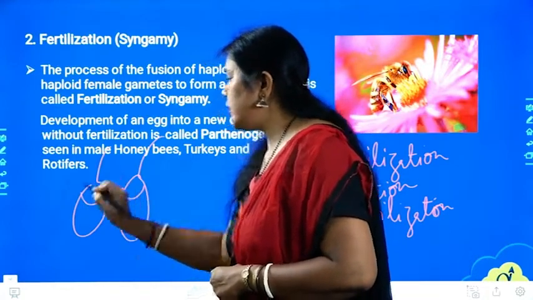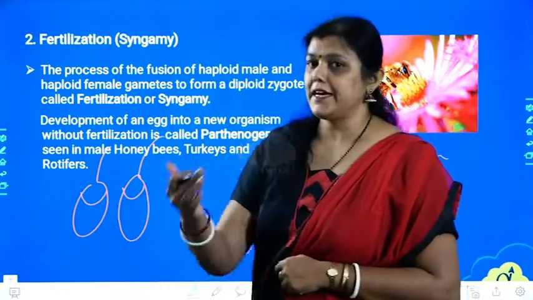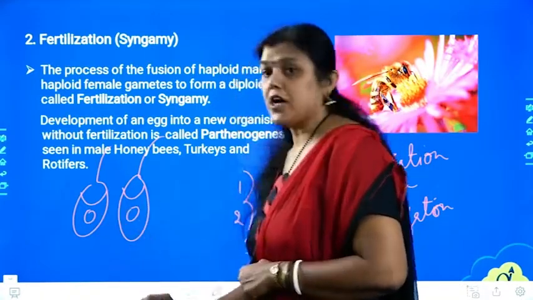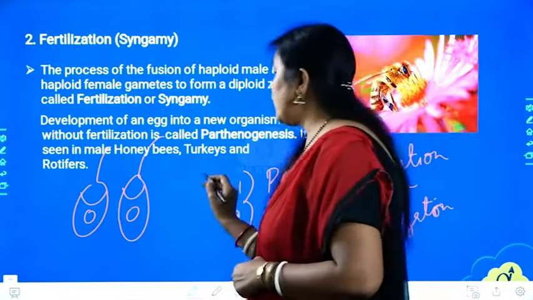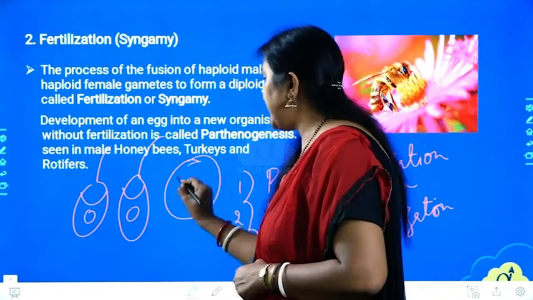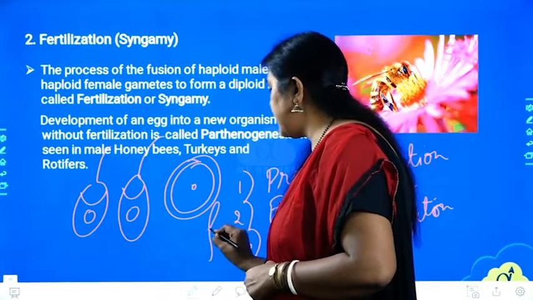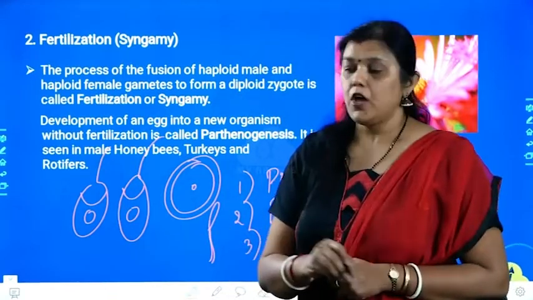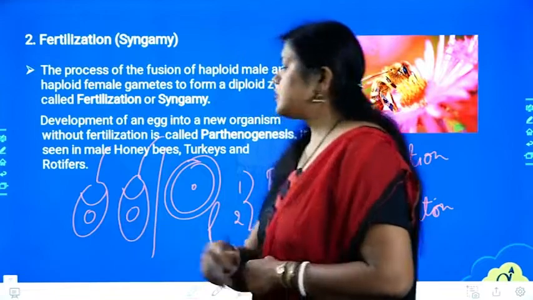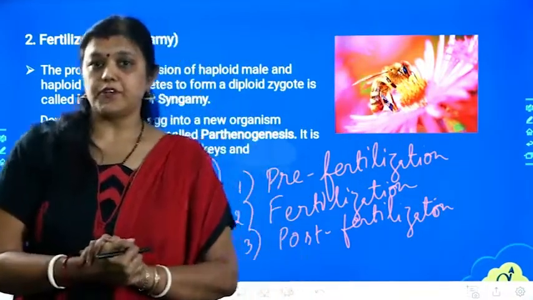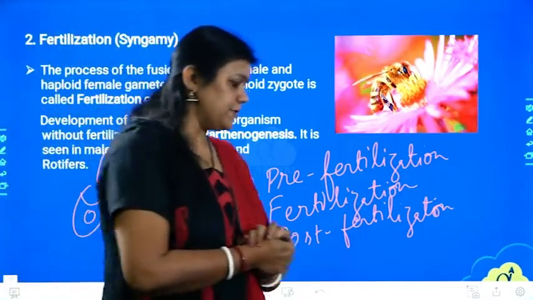When the gametes look similar to each other, they are called homogametes, as we see in the example of Chara, that is in the algae. And we also see in humans, for example, the egg is bigger in size, whereas the sperm itself looks completely different, which is motile also. So these are the heterogametes. All these things we have discussed in the previous session. I hope you have gone through all those videos and you have understood it very clearly.